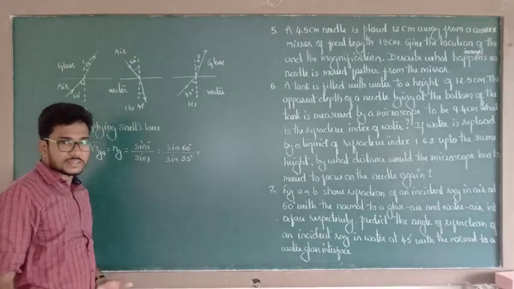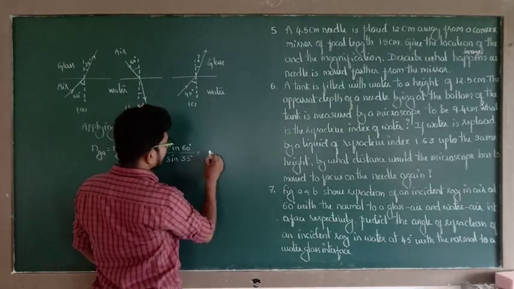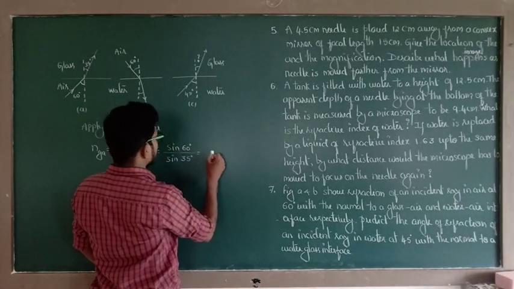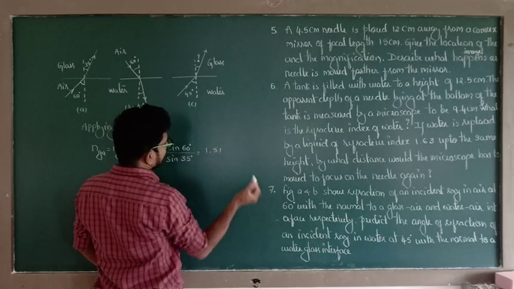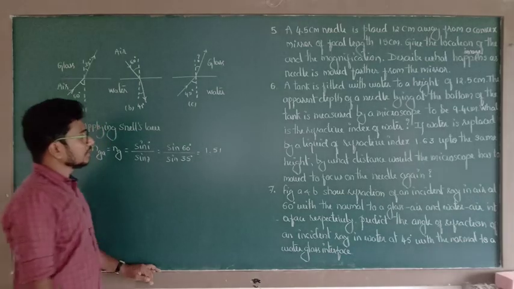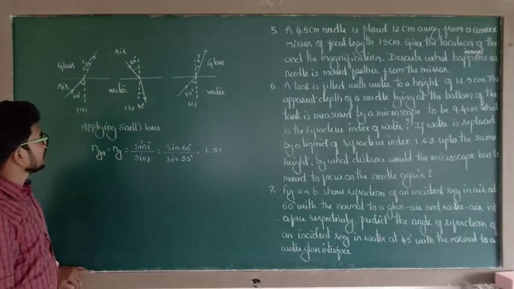Approximately, after substituting the values, you will get 1.51 something. There is no unit and no dimensional formula for refractive index.